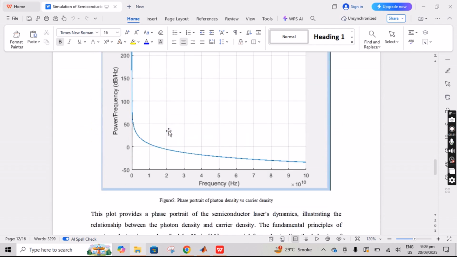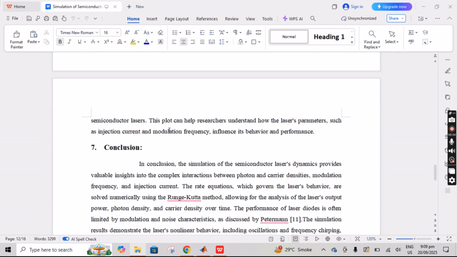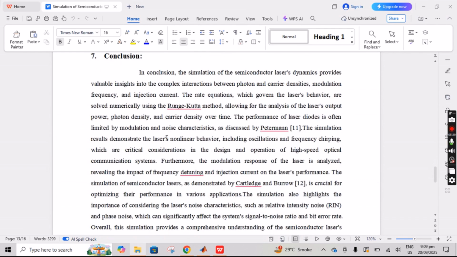Then the phase portrait of photon density versus carrier density. After that we concluded that we have used the Runge-Kutta method to get the output behavior of the laser's nonlinear behavior, including the oscillation and frequency chirping.